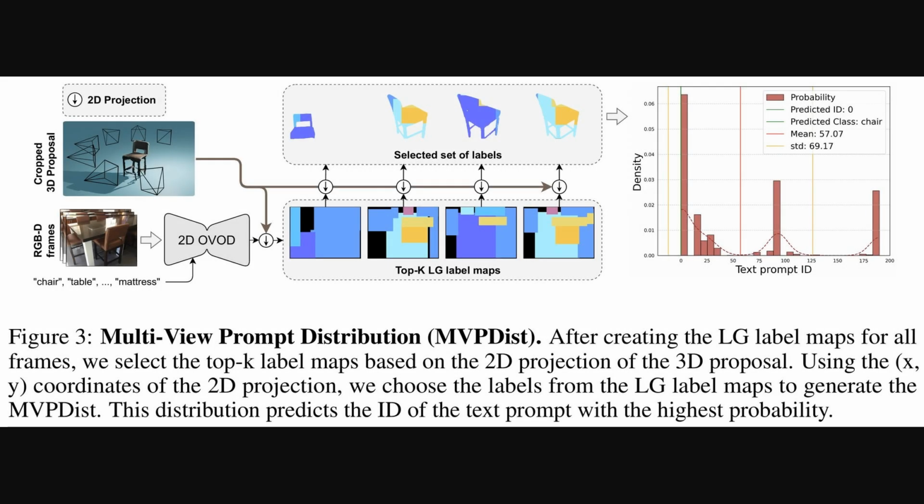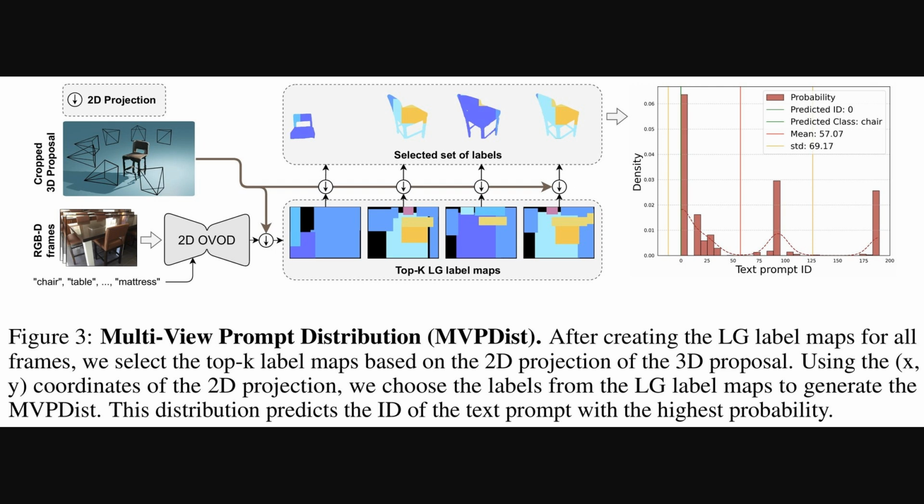Okay, so building on that, this next figure, figure 3, dives into a core component called Multi-View Prompt Distribution, or MVP-DIST. This is essentially how the system figures out the correct label for a 3D object. It starts with multiple 2D images, specifically RGBD frames, which capture both color and depth.